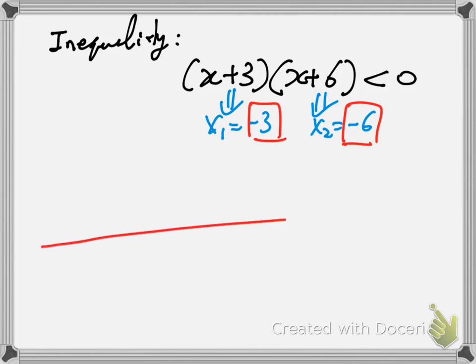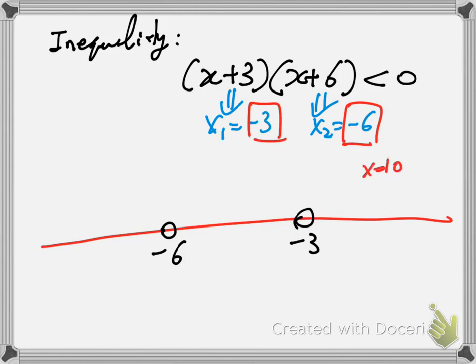So now this is our number line. We cut here, -6, and then -3. We cut the number line into 3 parts, and then we test whether it is positive or negative. We use number 10.